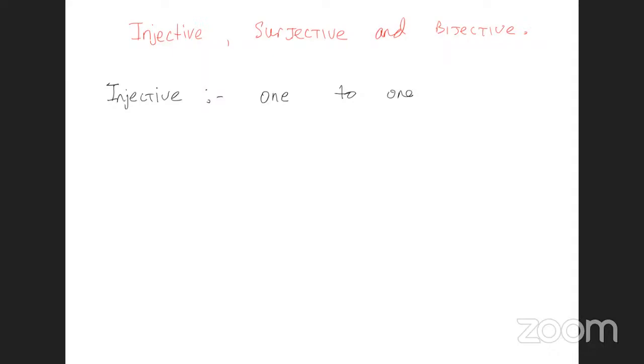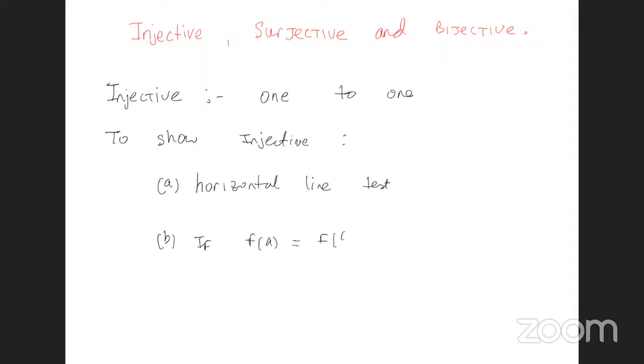How do we show one-to-one? To show injective, we have two techniques. Technique A is the horizontal line test, which I'll show you just now. Technique B: if f of A is equal to f of B, then we should be able to get A and B being equal.